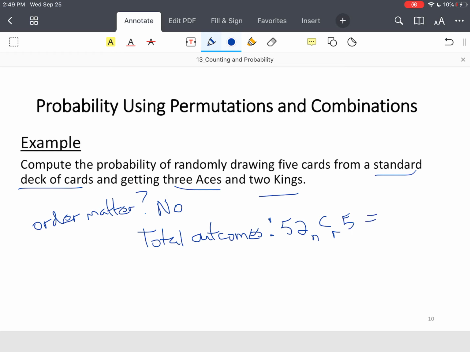That gives us 2,598,960 potential outcomes. Now, our desired outcome. This brings in the fundamental counting principle as well.